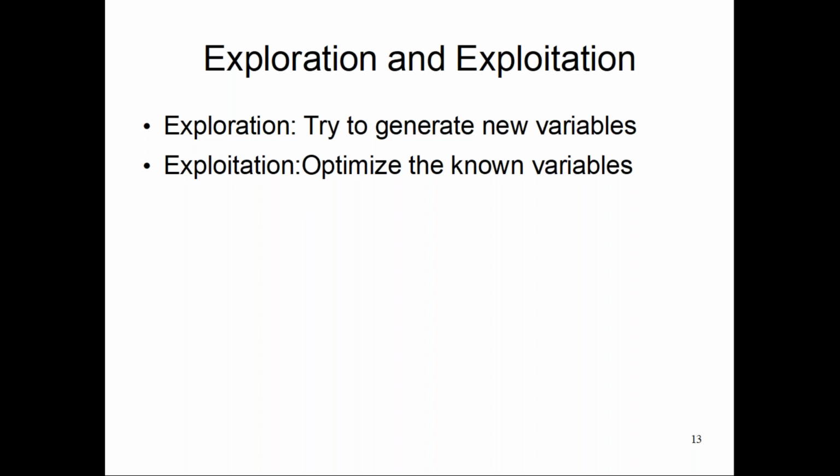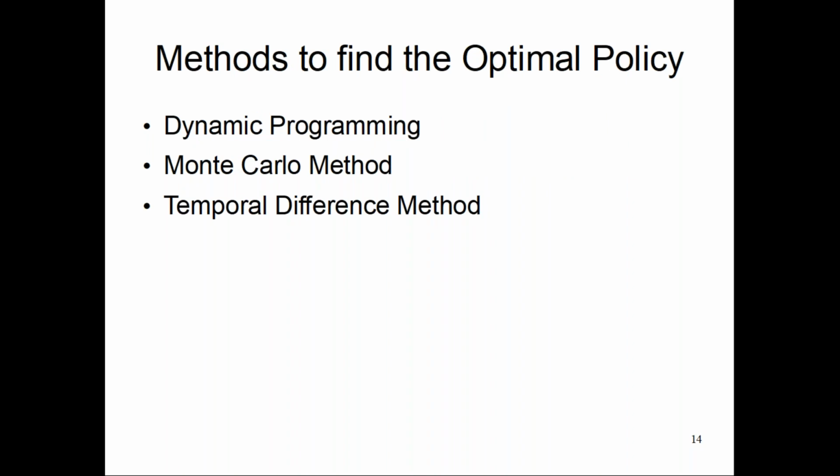So the state transition probability or the environment transition probability, for one instance, they are constant. When they are assumed to be constant, we are working on dynamic programming.